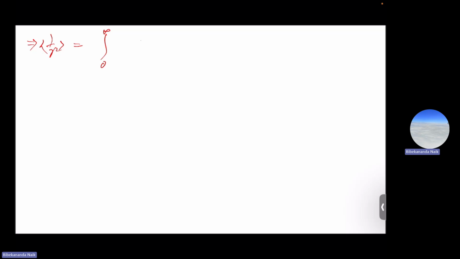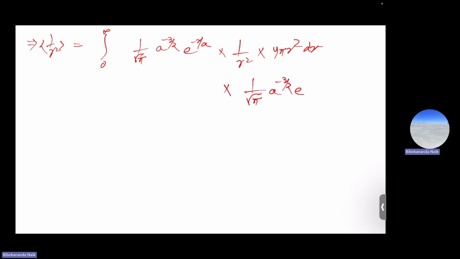So it will be 1 by root pi a to the power minus 3 by 2 into e to the power minus r by a, into 1 by r square into 4 pi r square dr, into again psi r, 1 by root pi a to the power minus 3 by 2 e to the power minus r by a.